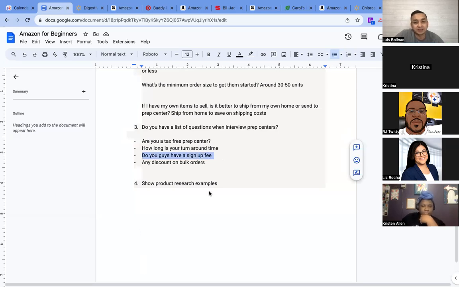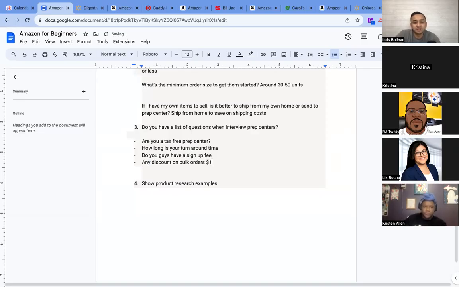I would also ask if there are any discounts on bulk orders, because as you scale your business, it's good to have extra discounts, and that way you can keep more money in your pocket.